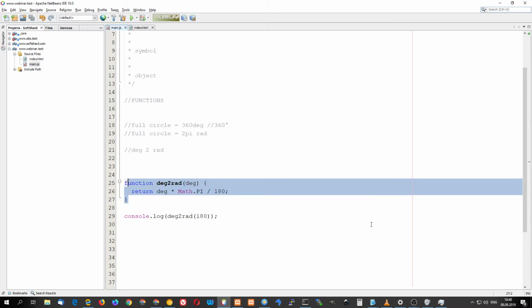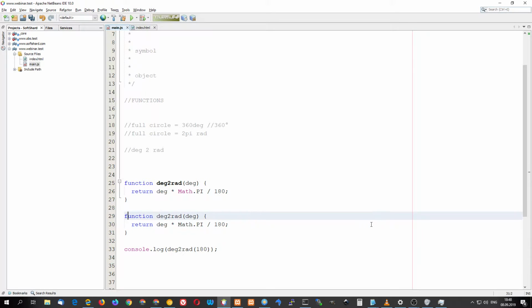And in the same way, we could do that to get degrees from radians, and that would be the inverse.